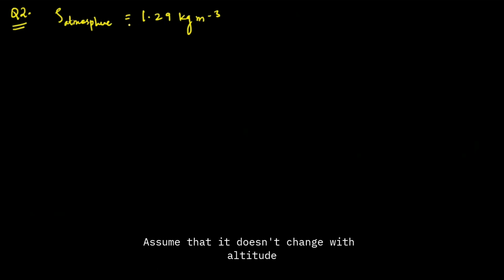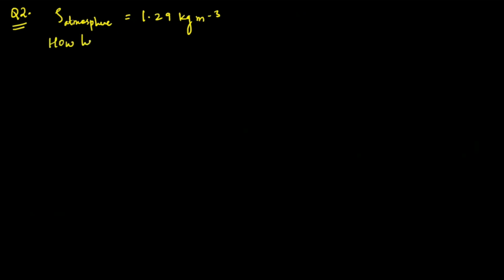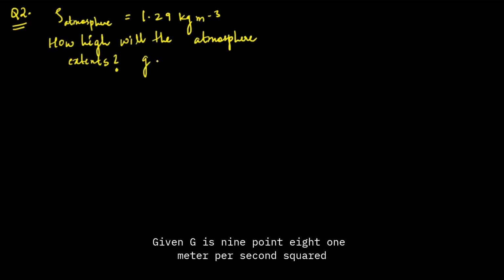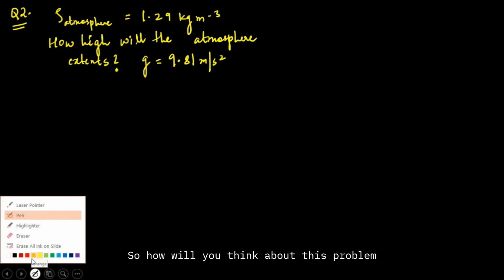Assume that it doesn't change with altitude, then how high would the atmosphere extend? Given g is 9.81 meter per second square. So how will you think about this problem?